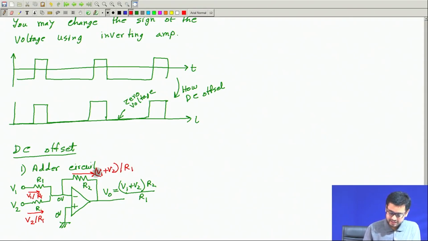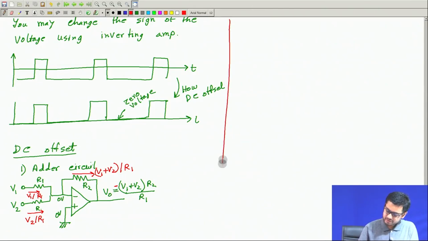When you multiply this current with the resistance R2, that gives the voltage drop across it, and this is at 0 volt. So, the potential here will be 0 volt minus this voltage drop. I will have a minus sign here. So, this is one answer.